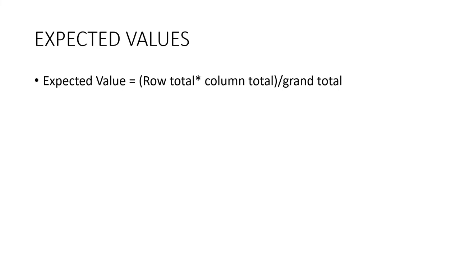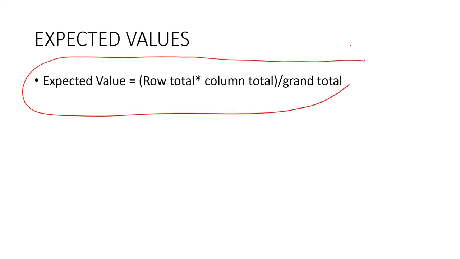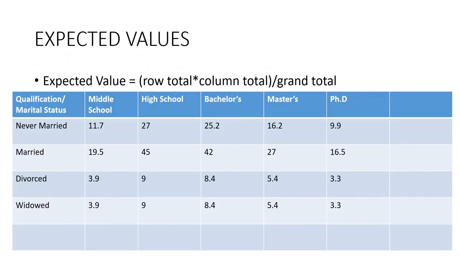In statistics, this is the formula for expected value: the row total into column total divided by grand total. We have the row total, the column total, and the grand total as well. So how will we come up with these expected values?